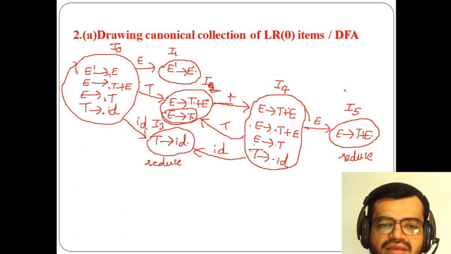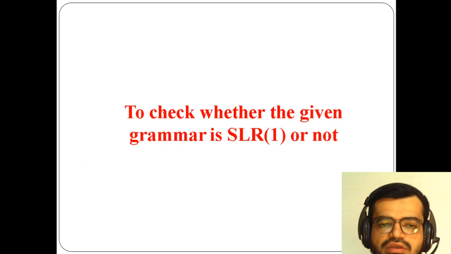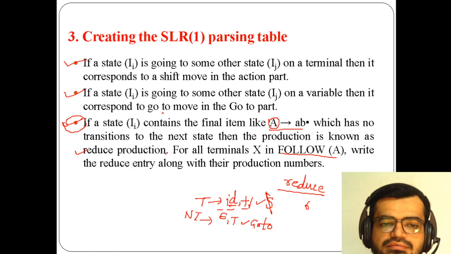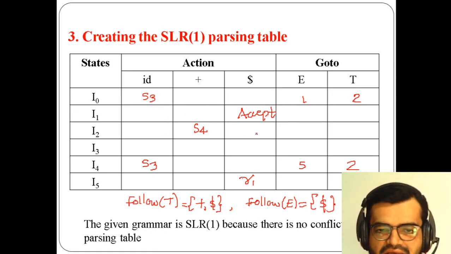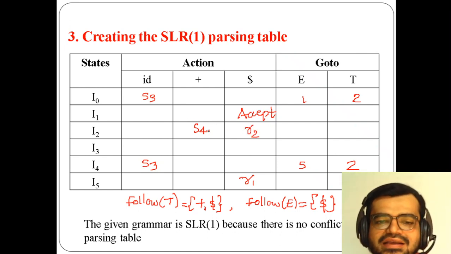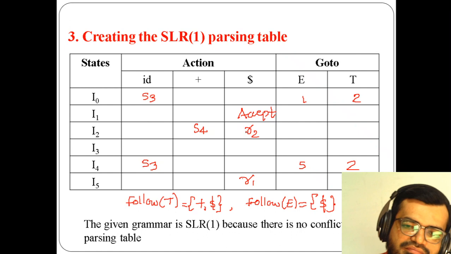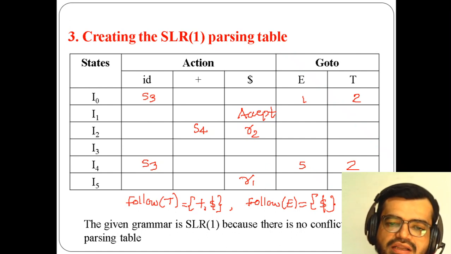Why follow of E? Because this is the final state, and the left hand side is E, so I need to perform follow of E. So I am writing R2 here only, not here also, because follow of E is just dollar. So R2 is here, R1 is here.